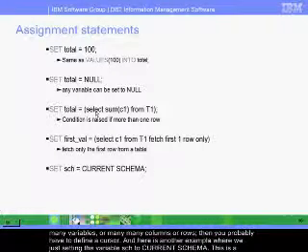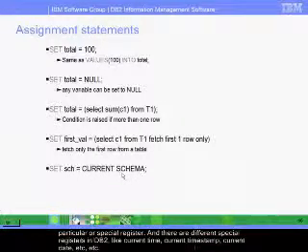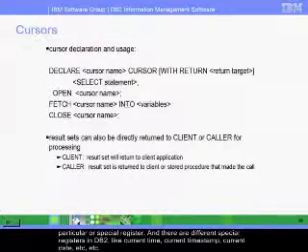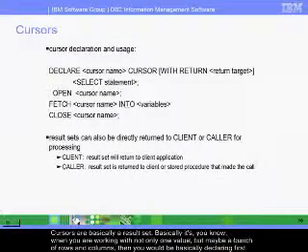If you were to return many columns or rows, then you probably have to define a cursor. And there is another example where we are just setting the variable school to CURRENT SCHEMA. This is a special register, and there are different special registers in DB2 like CURRENT TIME, CURRENT TIMESTAMP, CURRENT DATE, etc.